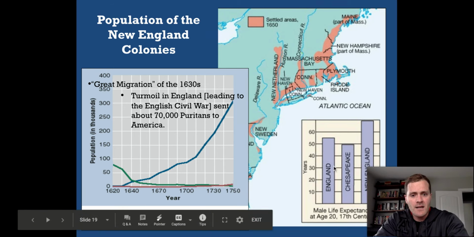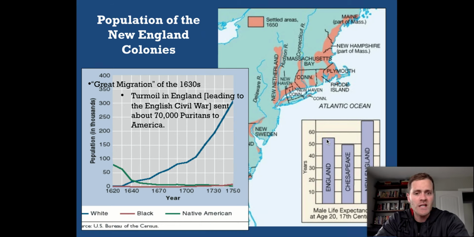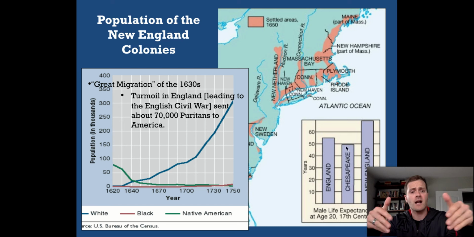Now, as you can see, in England, the average life expectancy in the 17th century is about 53, 54 years old. In the Chesapeake, it's worse than that. Right? It's not even quite 50 years old, as the living conditions there are less healthy, are much more profit-driven. There's less community because everyone's more spread out, looking out for themselves.